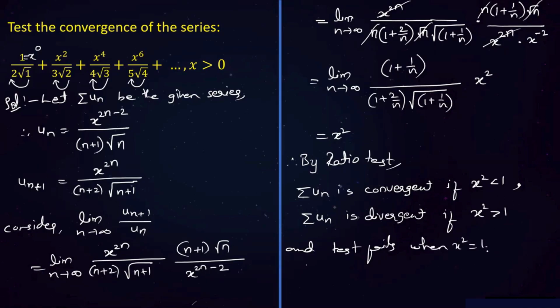But again, when x square is equal to 1, you cannot say anything by ratio test. So we need to take that case especially again. Let me take that in the next slide, as a special case. So if x square is equal to 1, then what happens to the given series?